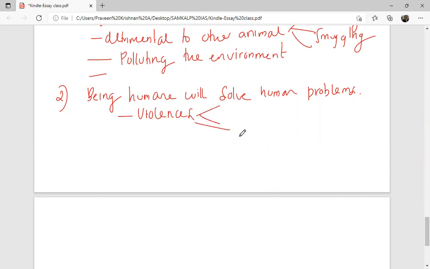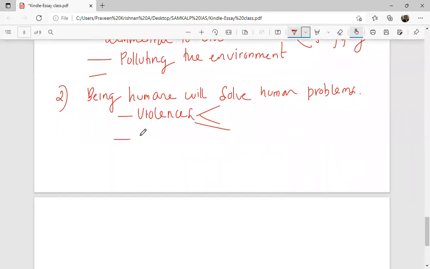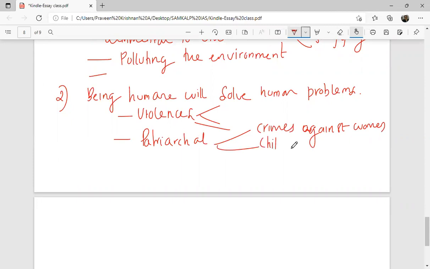Different examples can be given, or you can speak about the patriarchal mindset of the society, and the crimes against women will come here, where you can give a lot of examples. Or against children, you can give that as an example. Likewise, I'll expand this particular theme into different aspects.